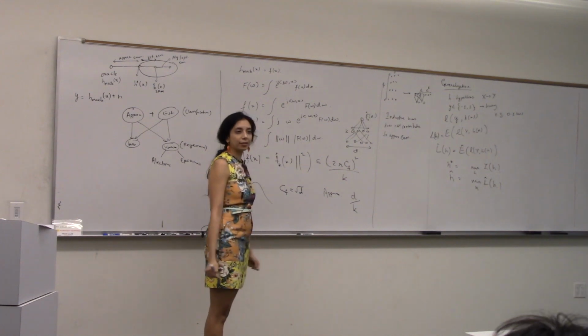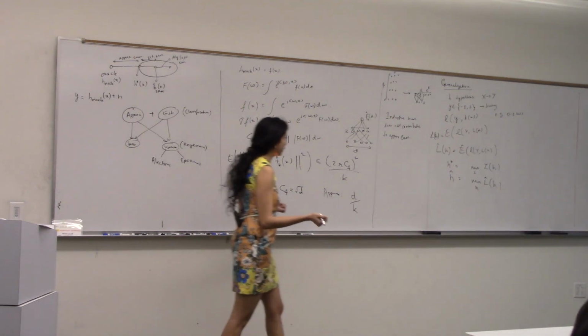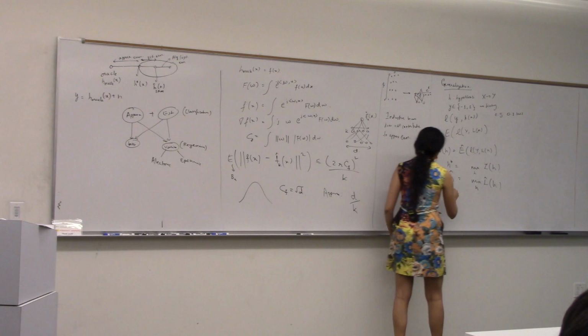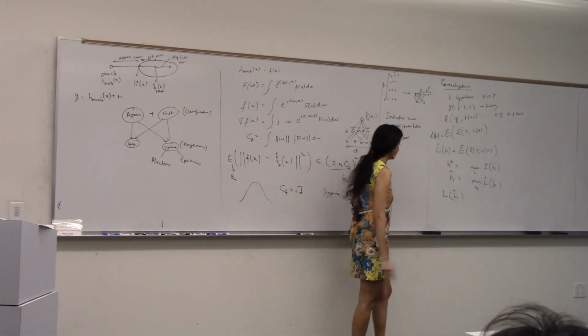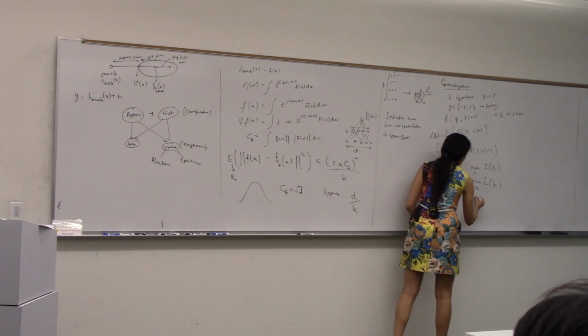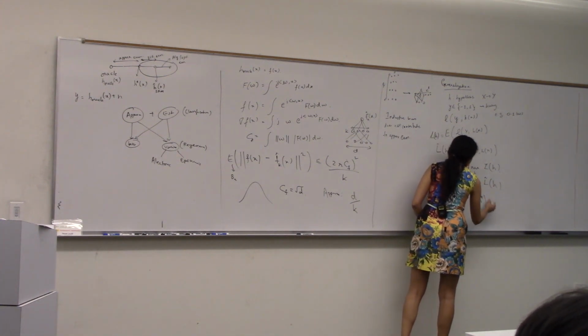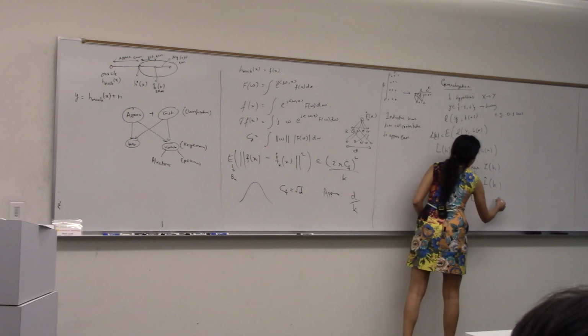So the excess risk is, how different is the loss that I obtain from my empirical risk minimizer compared to the best one. Right? This is called the excess risk.